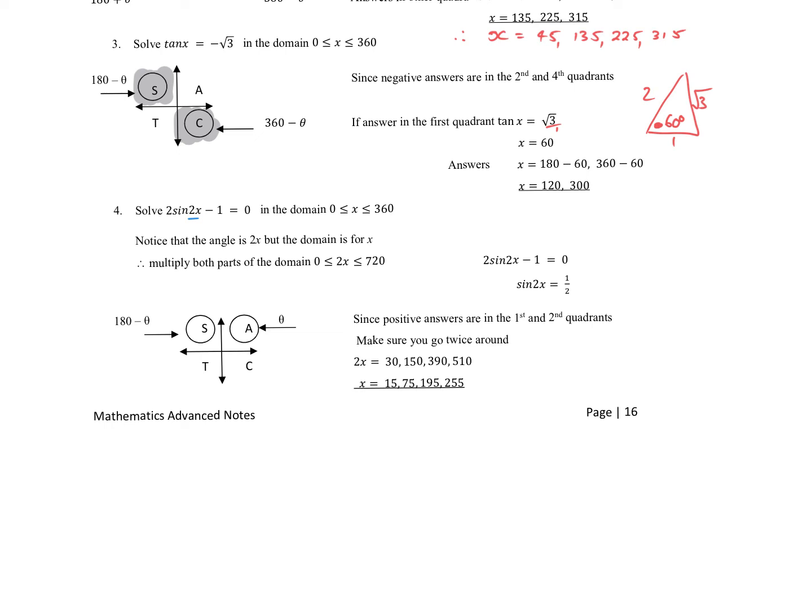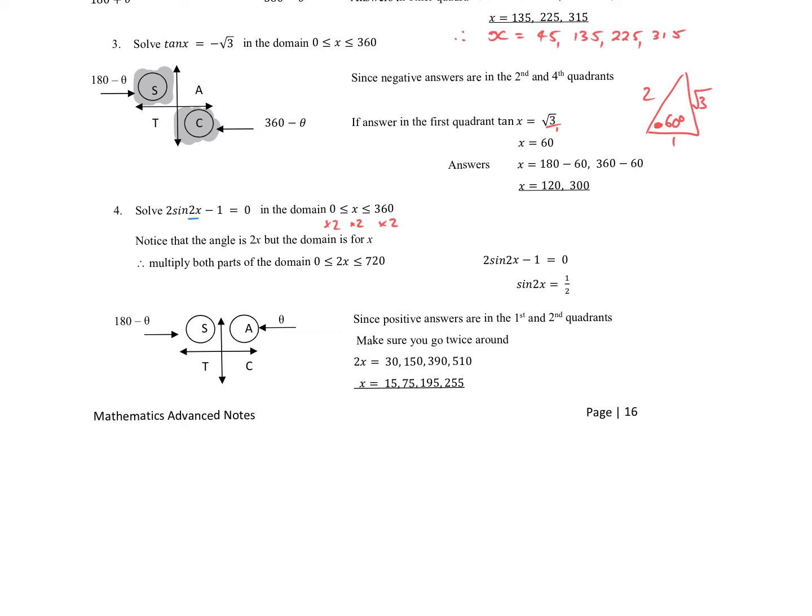So 0 is going to be less than 2x, is going to be less than 720. So what I've done is I've timesed each part of that inequality by 2. Does that make sense? Yeah? Okay. So that means that our domain that we're looking for is now between 0 and 720.